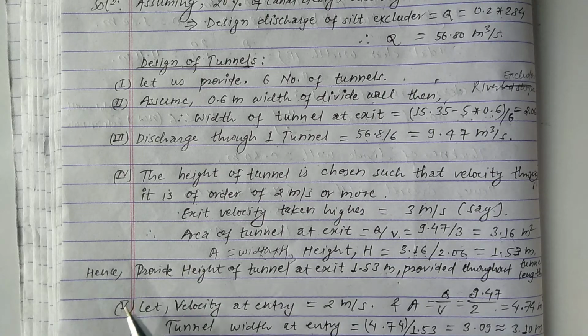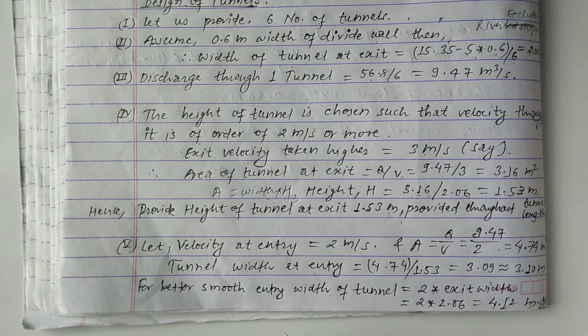Now, in the 5th step we have to calculate the width of the tunnel at infinity. For this, let us assume the velocity at infinity equal to 2 meter per second.